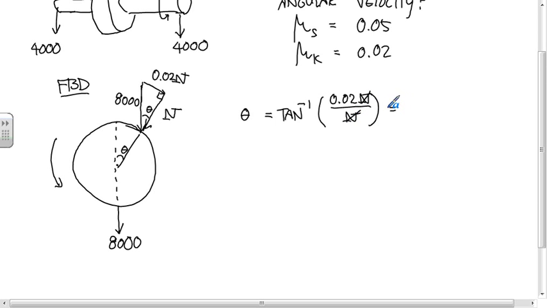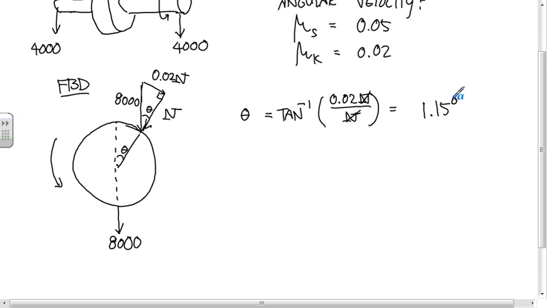Can someone calculate that inverse tangent in degrees? What is it? Okay, it will be really small. I've exaggerated a lot. 1.15 degrees.